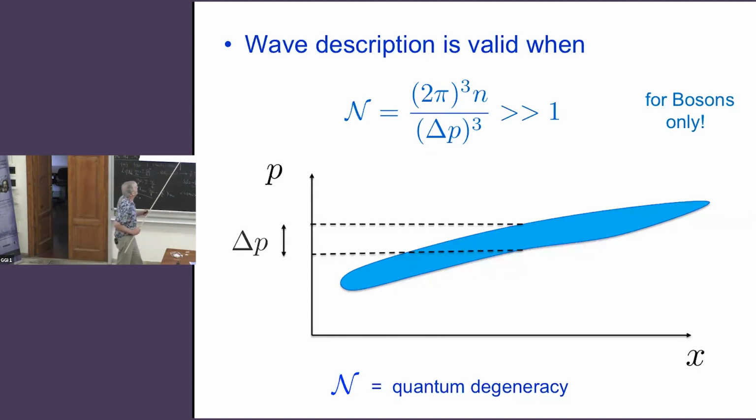You have a momentum at this position, a momentum dispersion for this fluid, and the density. But mind you that this sheet can fold in phase space, and you can have several flows, each with their own density and velocity. So the wave description is valid when the quantum degeneracy is large.